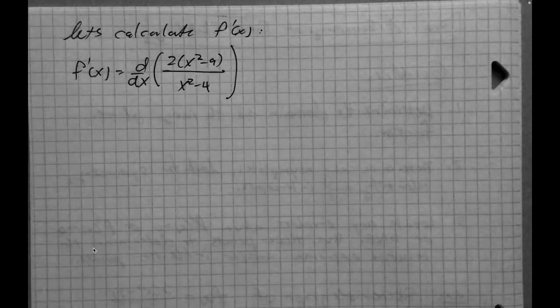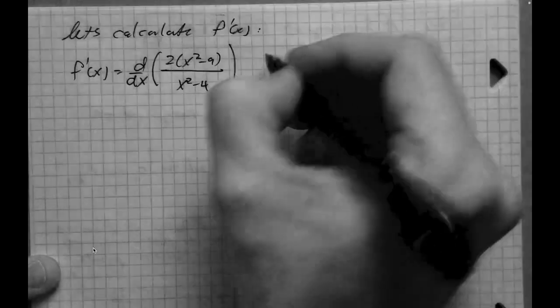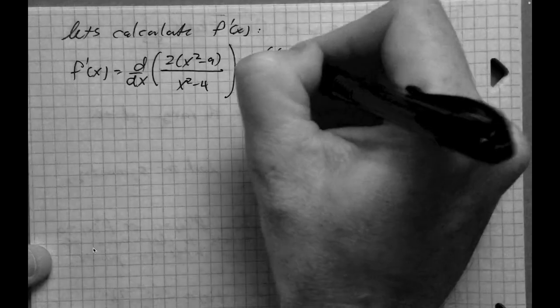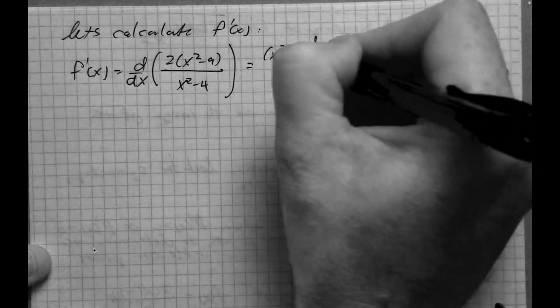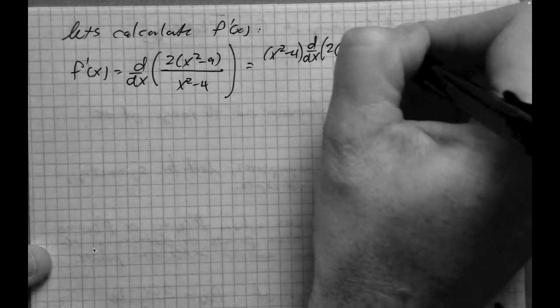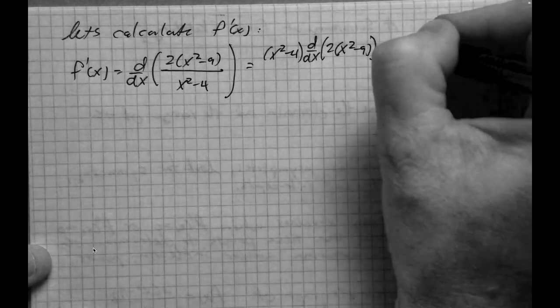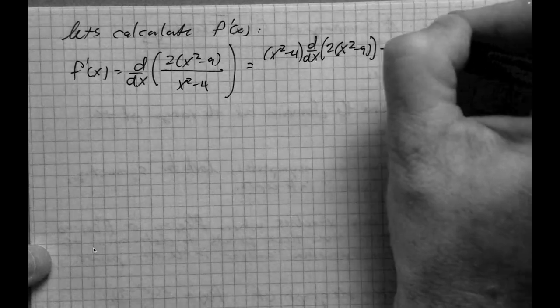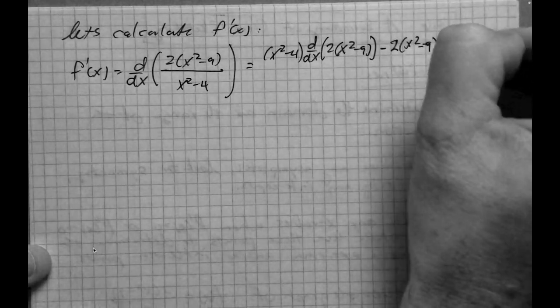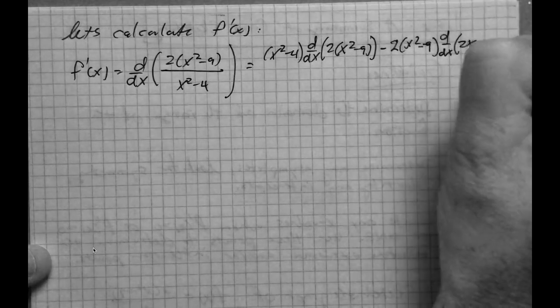Now, in order to calculate this derivative, we're going to have to use the quotient rule, right? So that will be the denominator, x squared minus 4, times the derivative of the numerator, minus the numerator, times the derivative of the denominator.